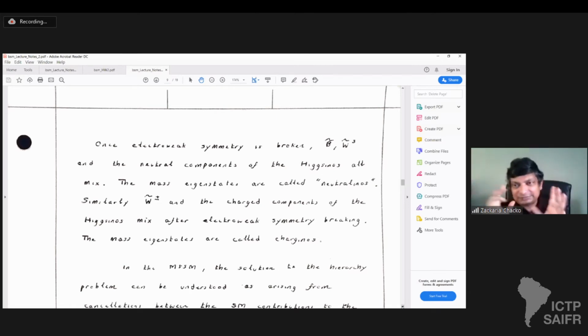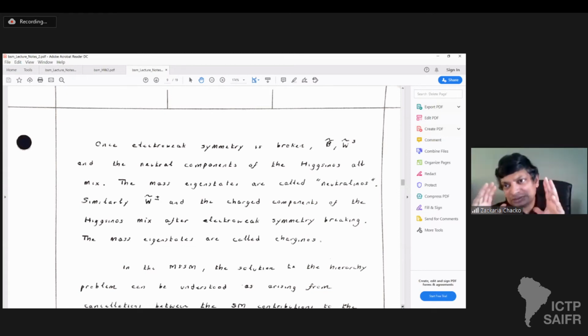Now the thing is that there are some things you can do. You can relax R parity, but you better do it in a way that you preserve either exact baryon number or exact lepton number. Because if you break both baryon number and lepton number, the proton will probably decay quickly. So there are models that people build that don't have R parity, but usually they preserve either baryon number or lepton number.